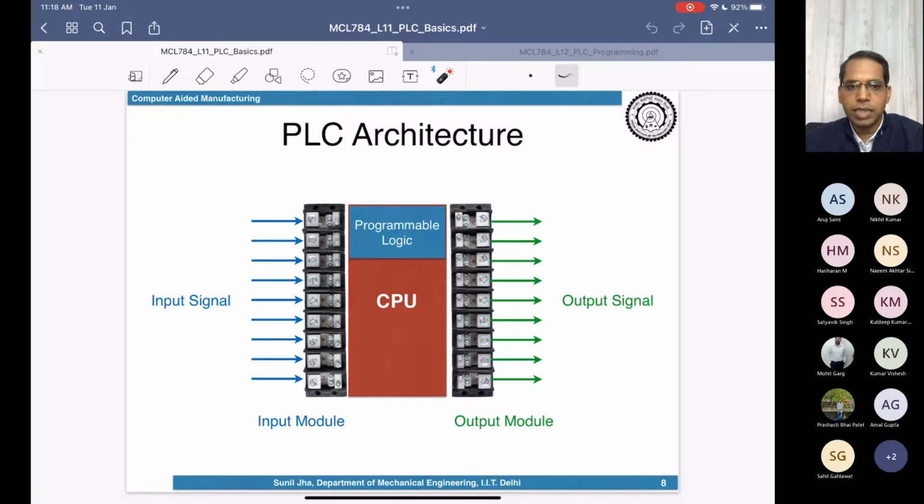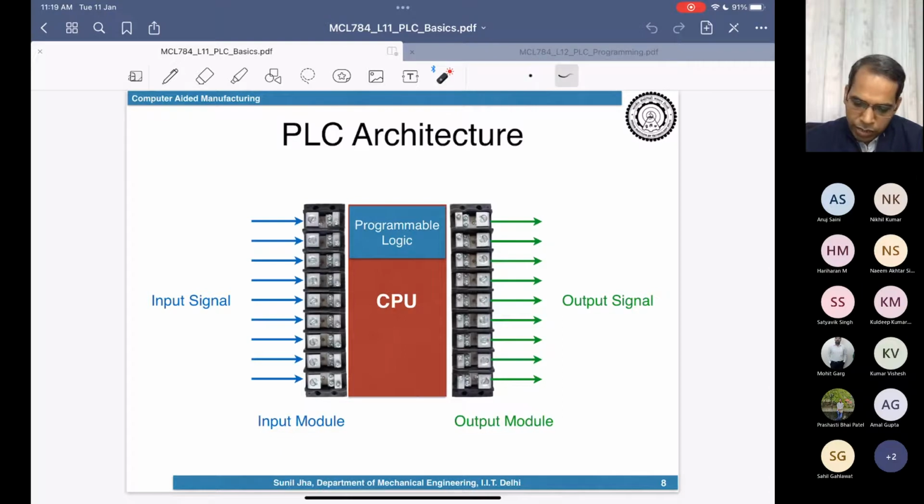But with industrial controllers, the PLCs, we need interfaces where we can connect sensors and actuators, because that is the basic idea of having a controller on a machine: it will switch systems on and off and sense some parameters. So in a PLC, apart from the basic architecture of a computing system at the core, you will have an input module and an output module.